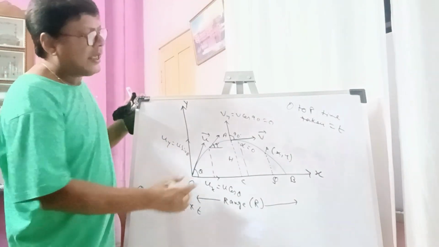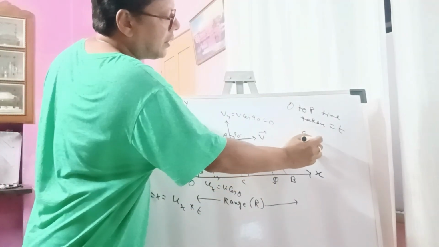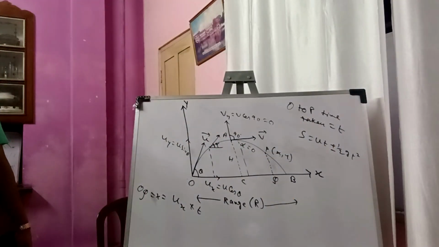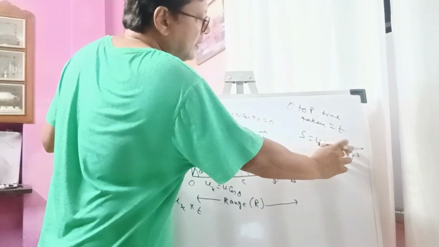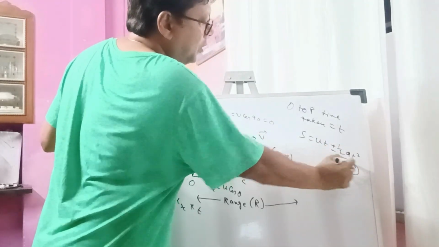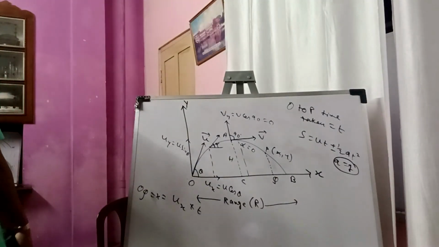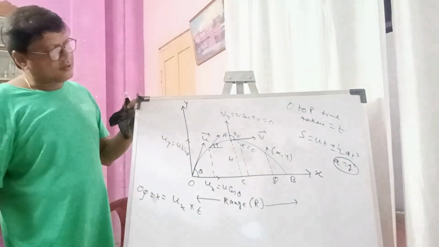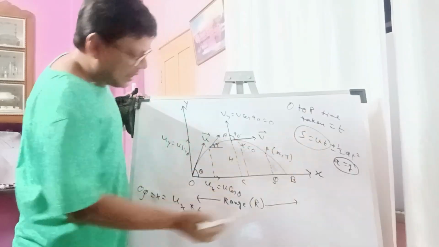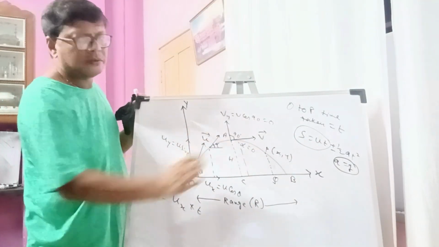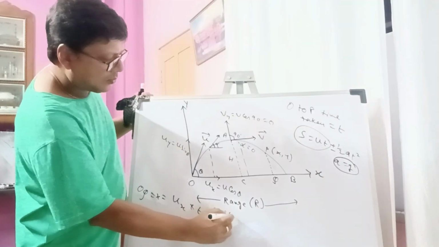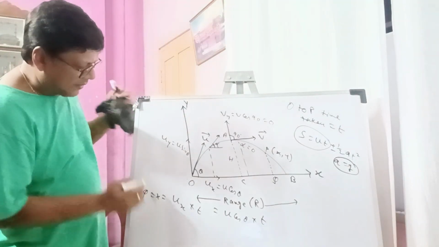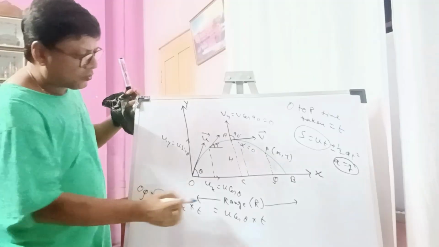Basically the distance formula is s equals ut plus half gt square or ut minus half gt square, but here we can't take any g because the horizontal component of g along the x axis is 0. So we will take only s equals ut. Here u is ux, so it is coming uxt, that is u cos theta into t. So x equals u cos theta into t.